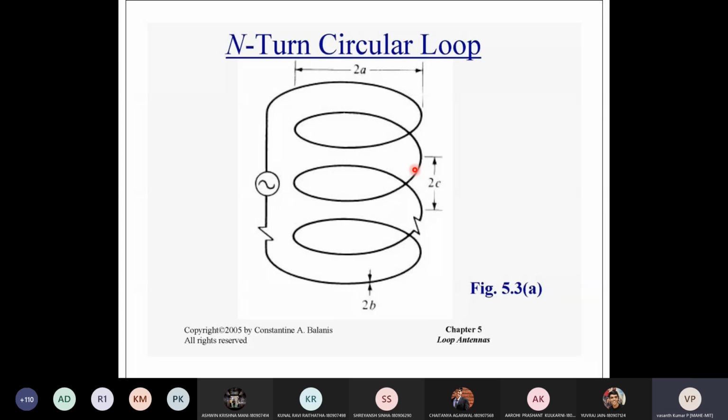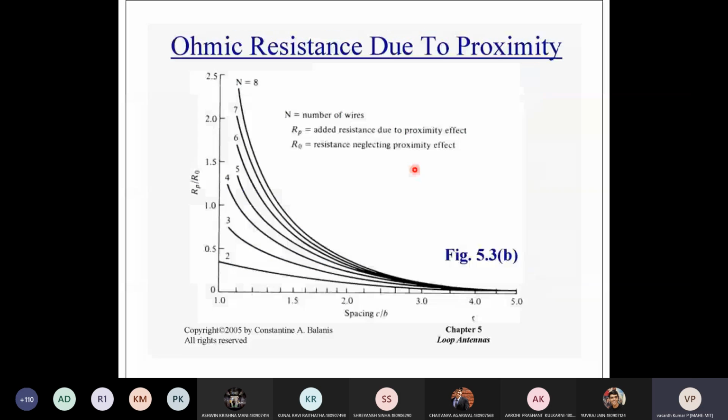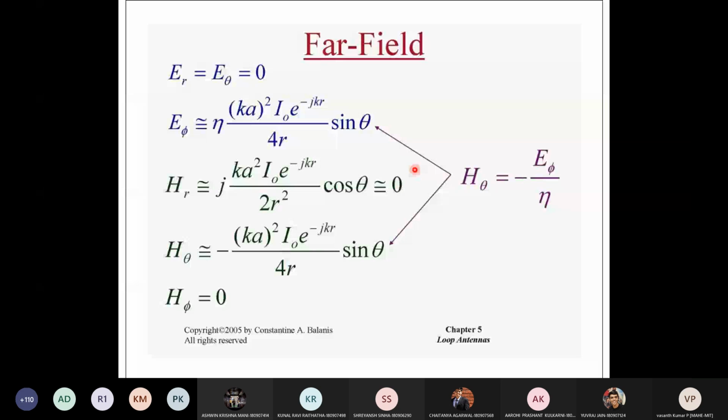So this is where we leave this equation. Now for far fields, E r and E theta are equal to 0. We ignore some components. If you consider H theta and H r, you can ignore H r, because H r is nearly equal to 0: it goes as 1 by R square, while H theta goes as 1 by R. So you can ignore H r compared to H theta.